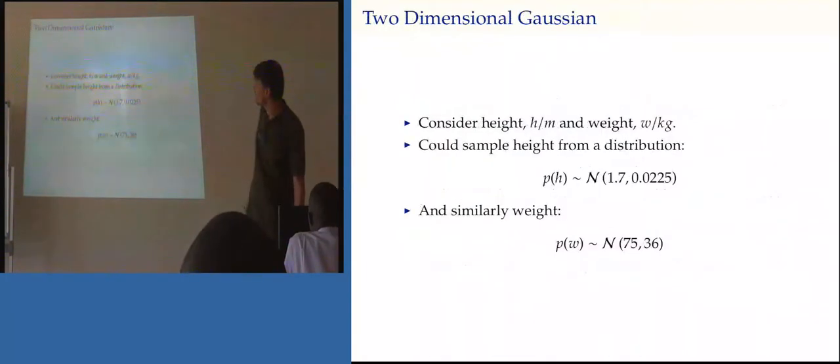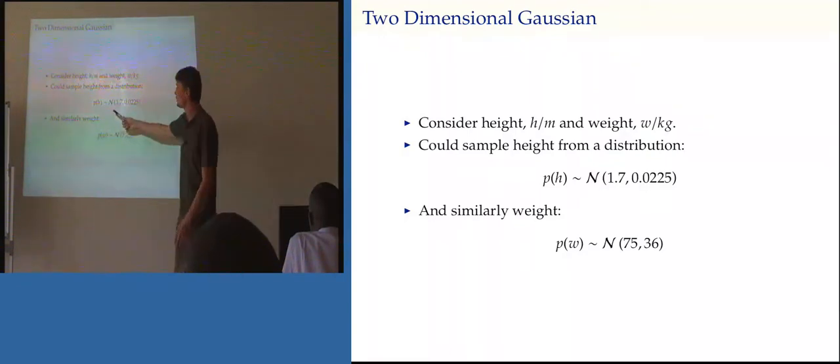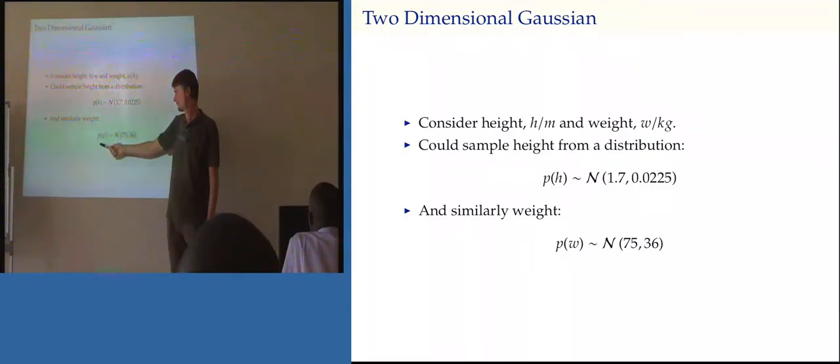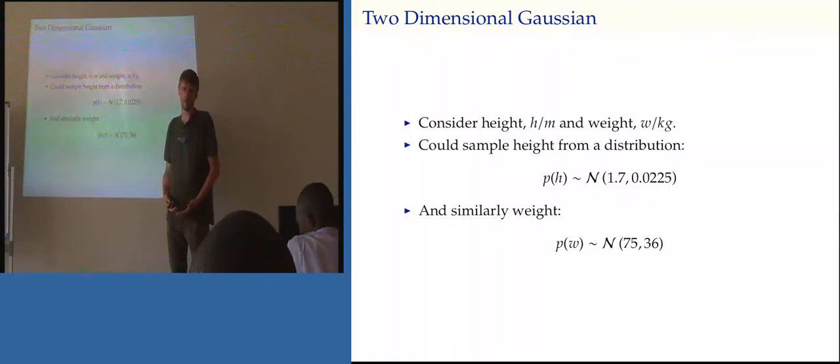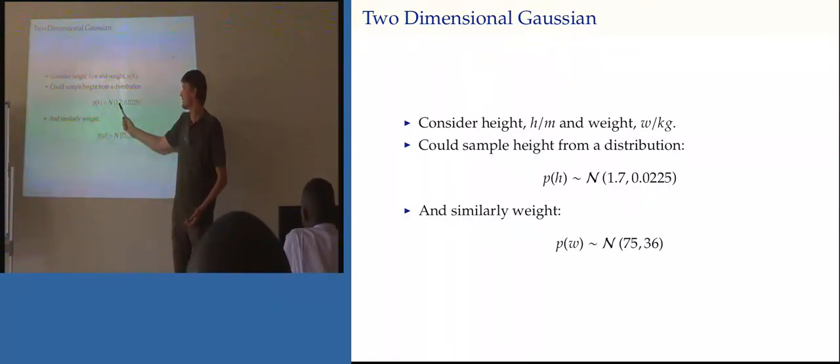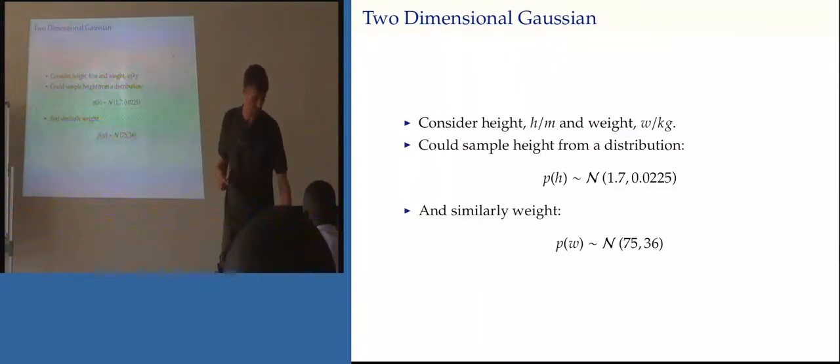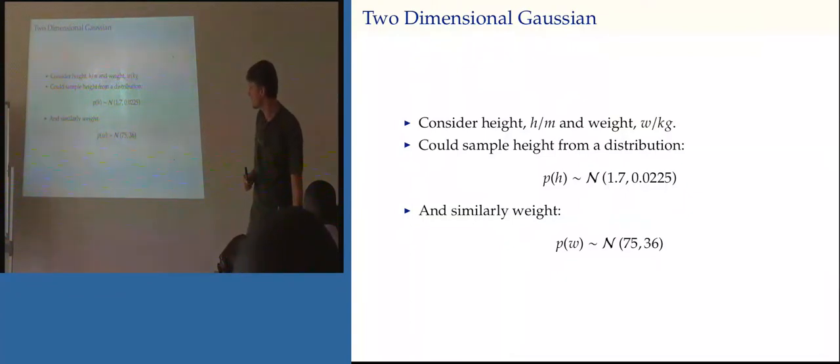Now they're quite easy to generate. So if we have two things like height and weight, and we've got a Gaussian prior over what people's height and weight is, that's a reasonable thing to have perhaps. So here's average height of 1.7 meters, and there's the variance, and here's average weight of 75 kilos and variance of 6 kilos. Standard deviation of 6 kilos.